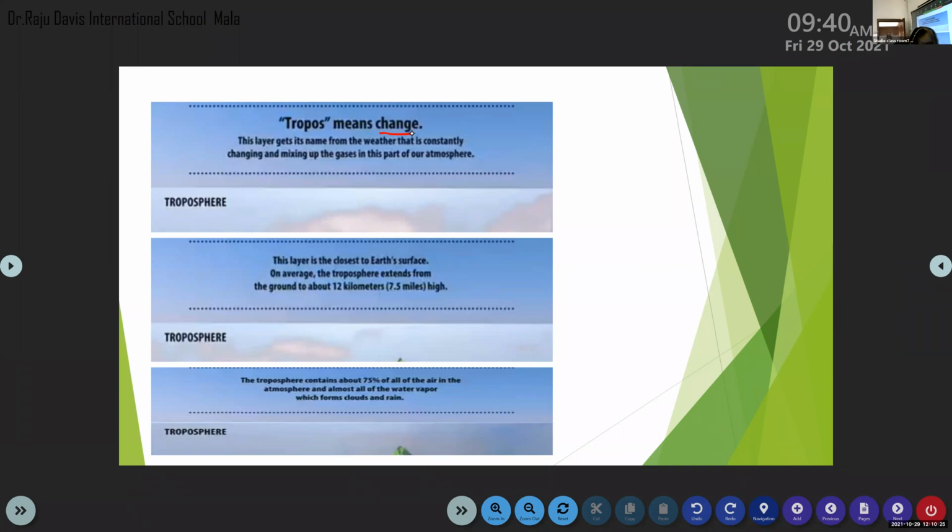It is the most important layer, because the air we breathe exists in this layer. Almost all weather phenomena, rain, wind, hailstorm, all the weather is constantly changing here.